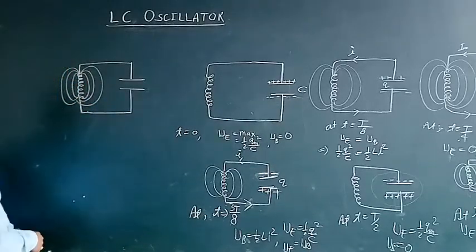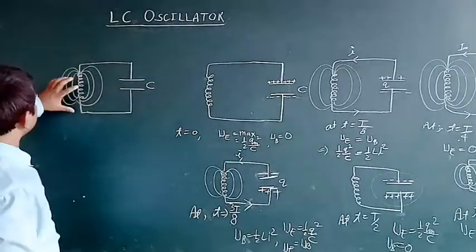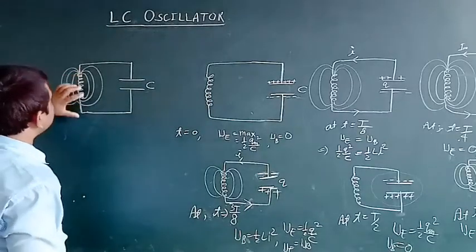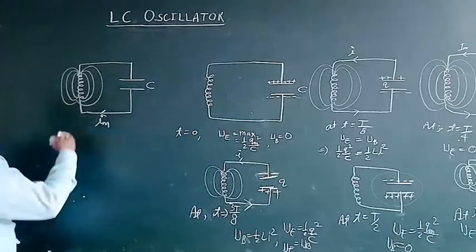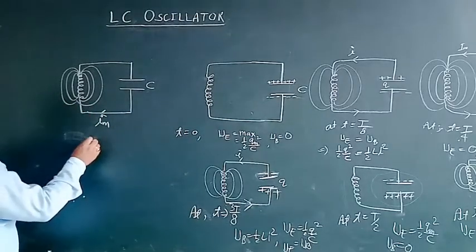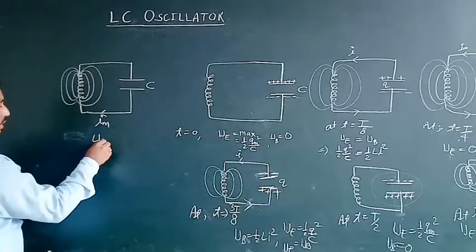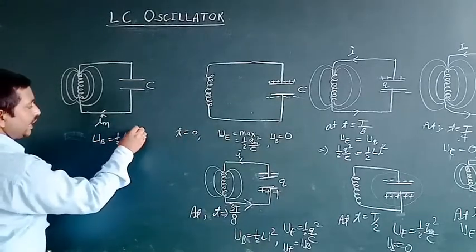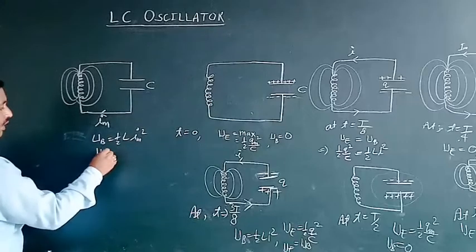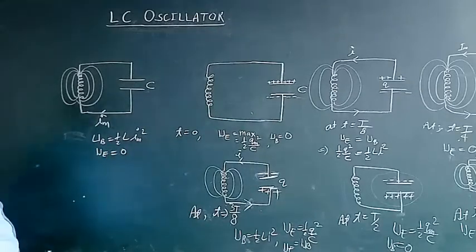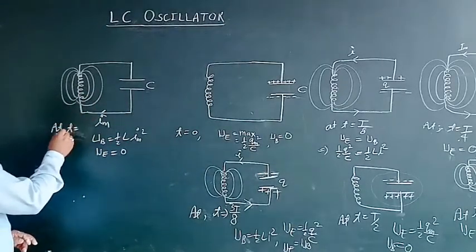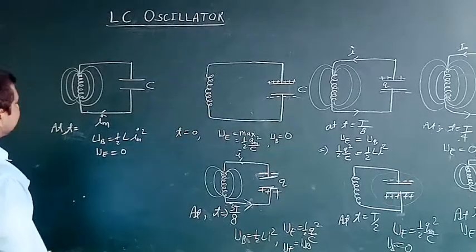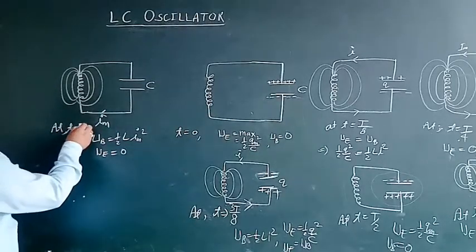At this condition the current flowing through the circuit becomes maximum, this is I m, and the total energy stored at the inductor, that is U B, becomes half of L I m square, and the total energy stored in the capacitor becomes 0. And this occurs exactly at t equal to 6T by 8, it means 3T by 4.